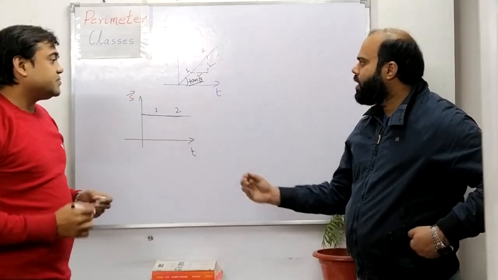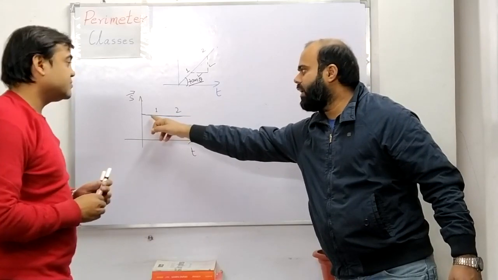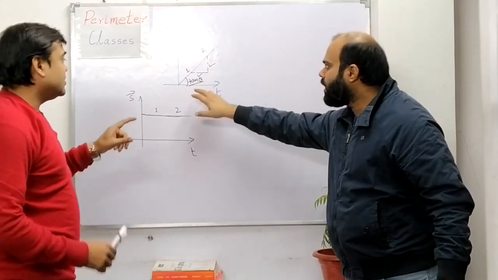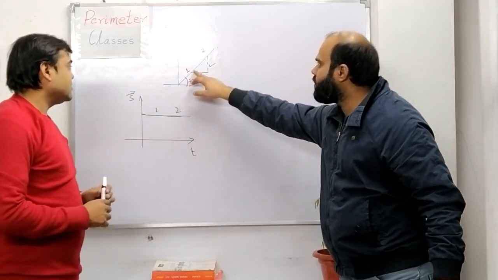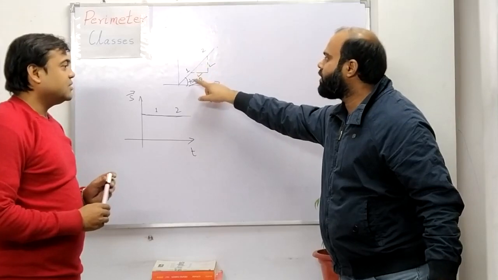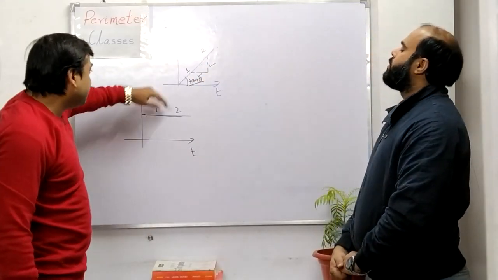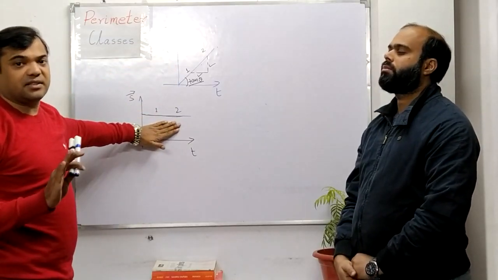So here also, the instantaneous velocity at point 1 and the average velocity from 1 to 2 are the same. In the first graph it is 0, and here it is not 0 but tan theta. The difference between these two graphs is that in the first the mass is at rest.